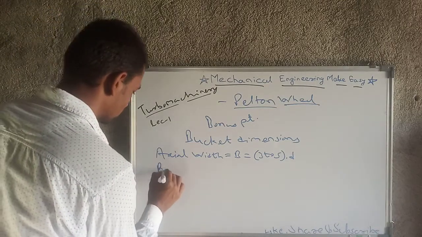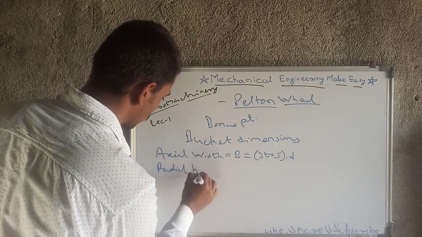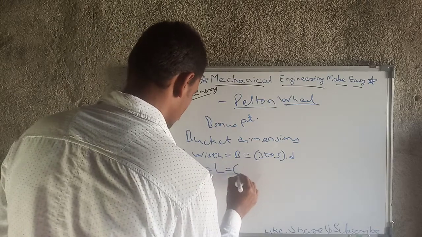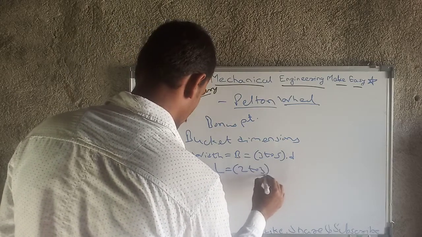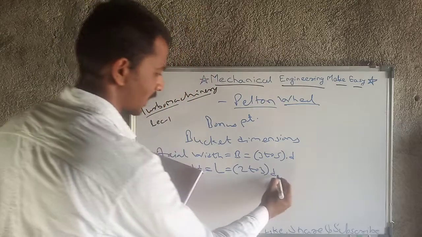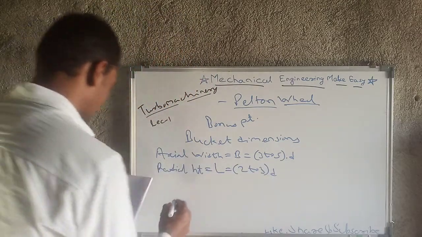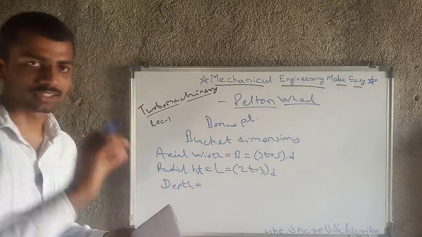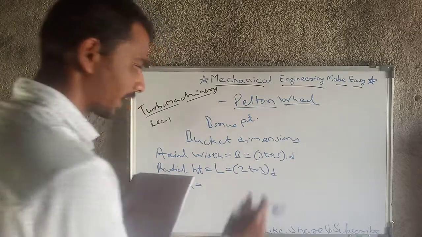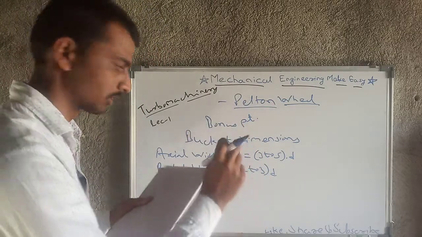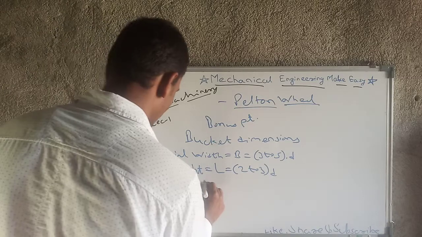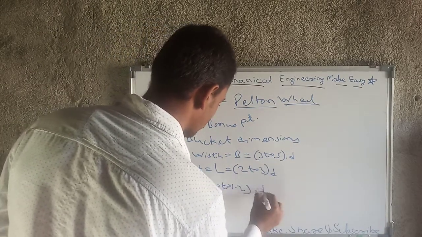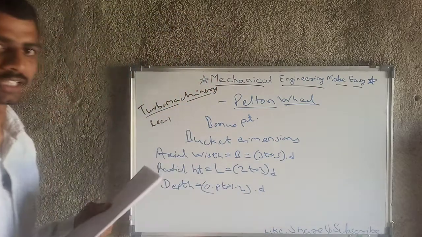Then radial height, which is denoted by L, and which is equal to 2 to 3 times jet diameter, again jet diameter here. Okay, then depth, means we can say the thickness of that bucket. What I have shown in that cross section, that is the depth, and that is equal to 0.8 to 1.2 of jet diameter. Again jet diameter plays the major role in all the dimensions.